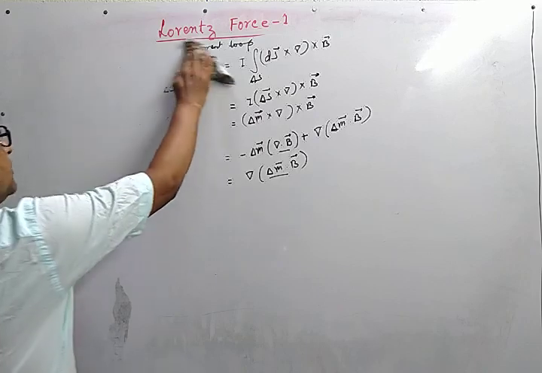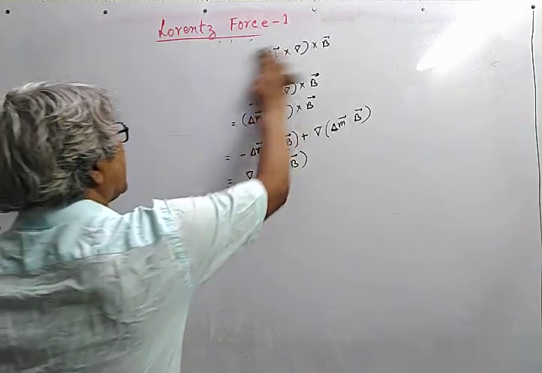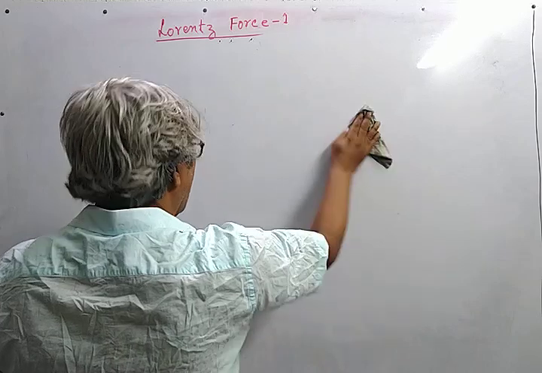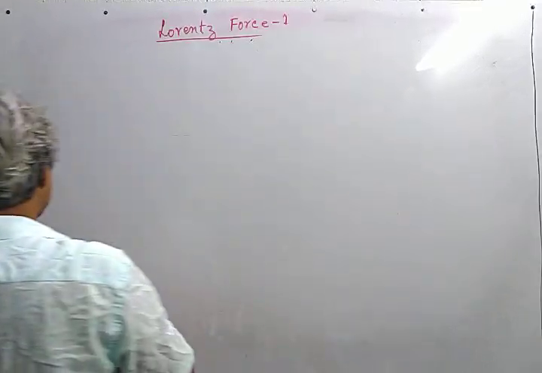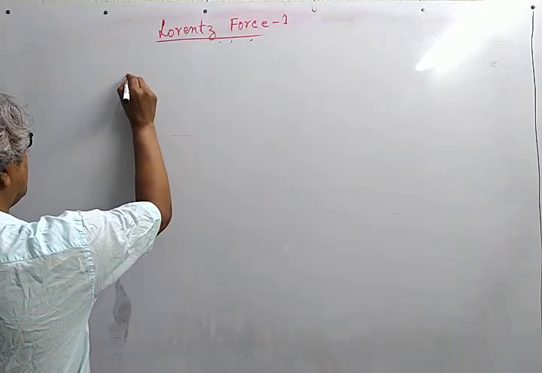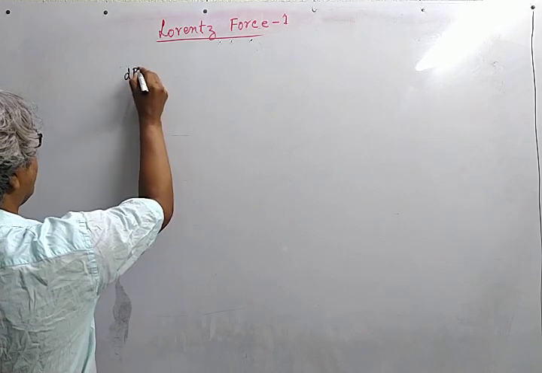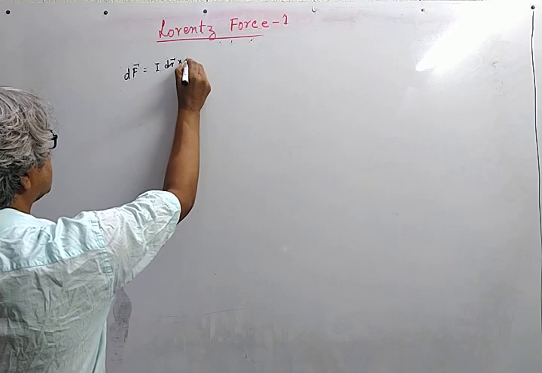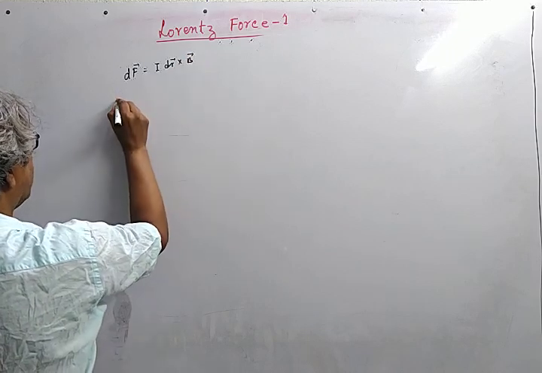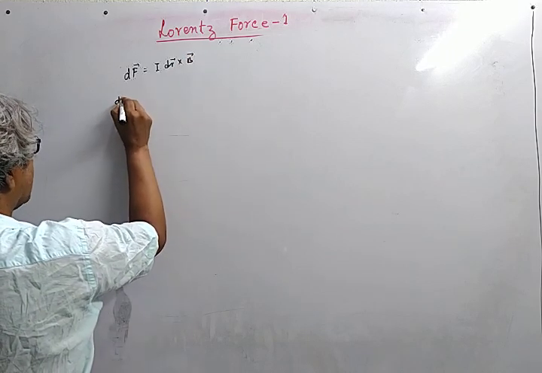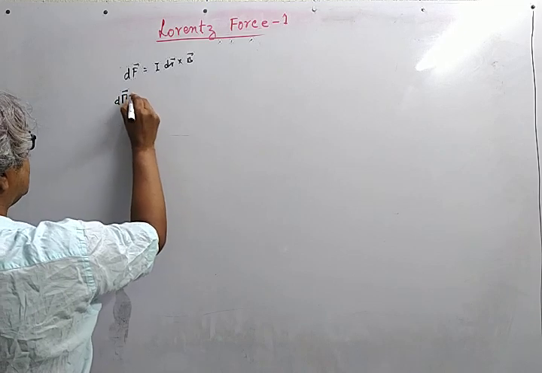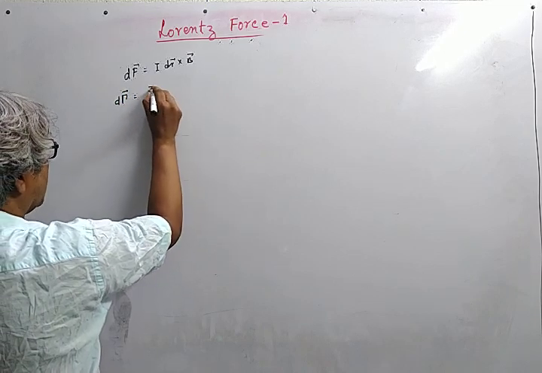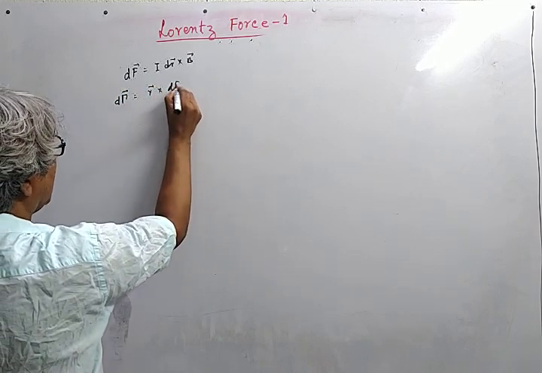So whenever we have a current loop, a current element I dr prime when placed in a magnetic field, the force that acts on it is I dr cross B. So the corresponding torque that acts on it, d tau, is equal to r cross dF.